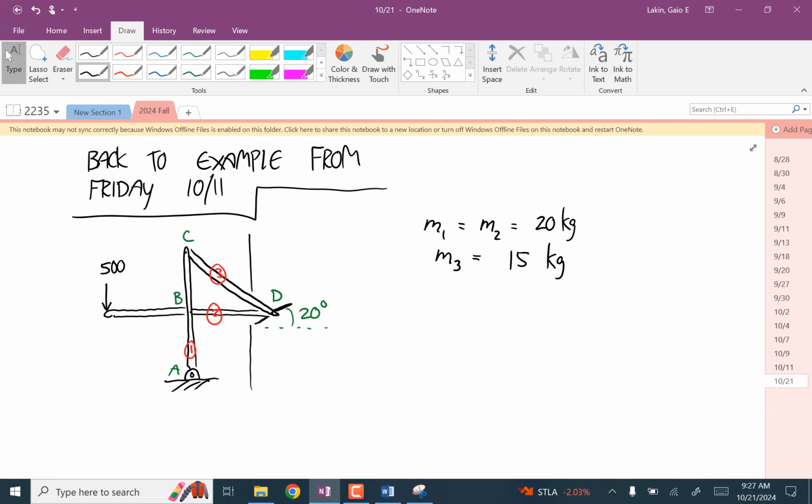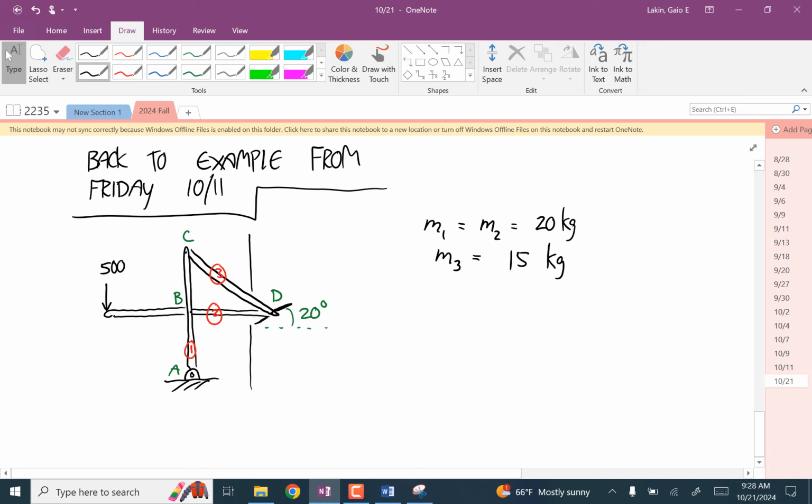And the one place really that was tricky about this was at the joint D. At that pin and slot joint, we had to think about which one of these two members the pin was part of. So which one did we choose and why?